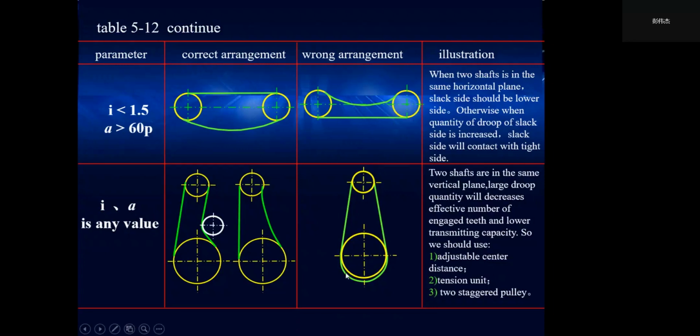So we should adjust. First, we adjust the center distance, or use a tension unit, or we use two staggered pulleys like this. And this is the correct arrangement under these conditions.